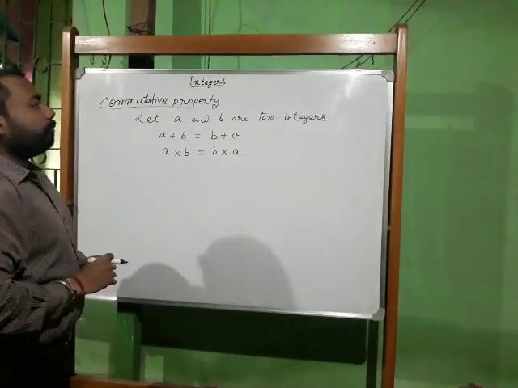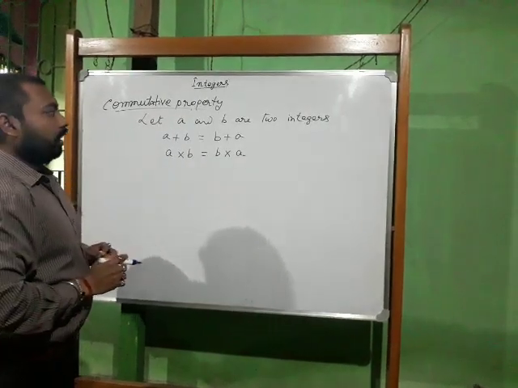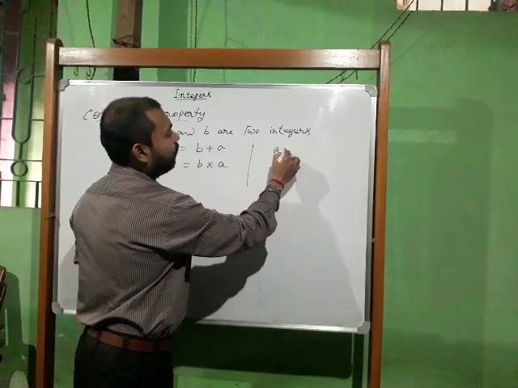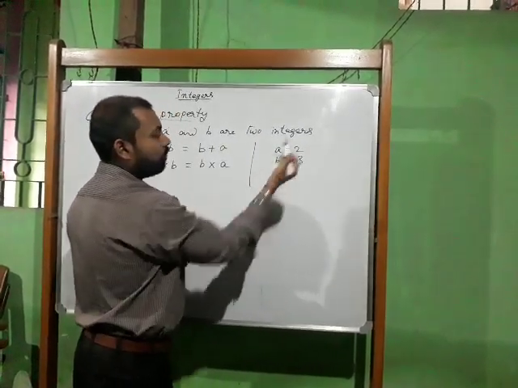So in commutative property, a plus b equal to b plus a, we can show this by taking an example. Let us take a equal to 2 and b equal to 3. So these two are integers.